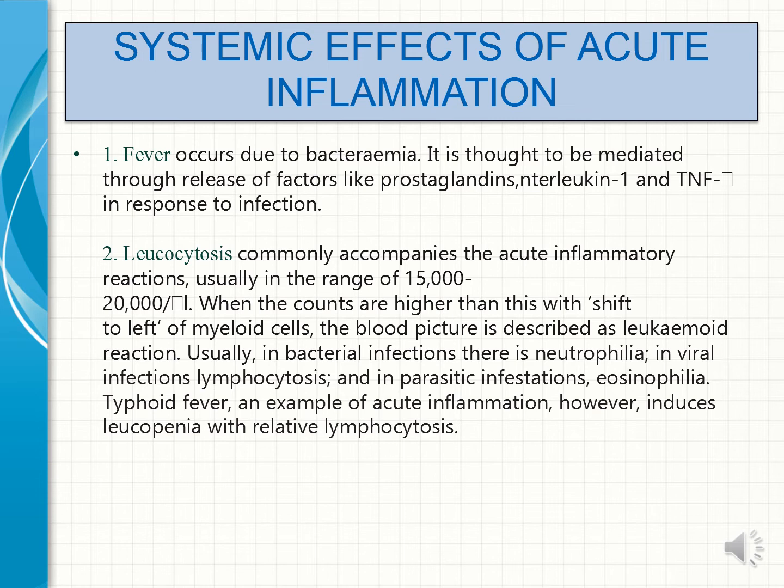Usually in bacterial infections there is neutrophilia. In viral infections, we see lymphocytosis, and in parasitic infections, commonly eosinophilia is seen. Typhoid fever is an example of acute inflammation, however, which induces leukopenia with relative lymphocytosis.